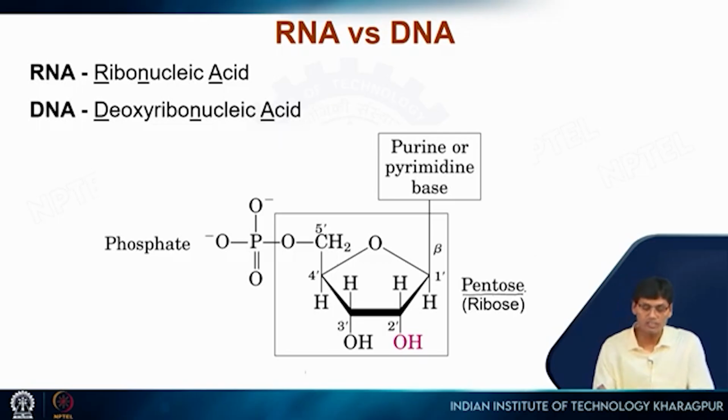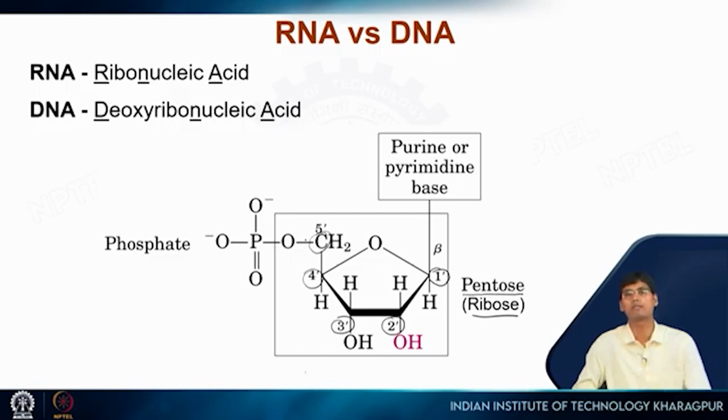But in case of ribonucleic acid, it is ribose. So, what is the difference between ribose and deoxyribose? The name itself suggests deoxy, so somewhere they lack oxygen. So, if you see here, this is pentose sugar and this is carbon number 1 prime, 2 prime carbon, 3 prime, 4 prime and this 5 prime.